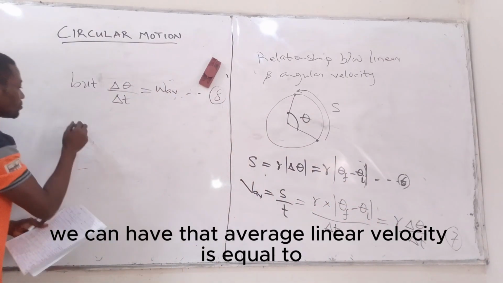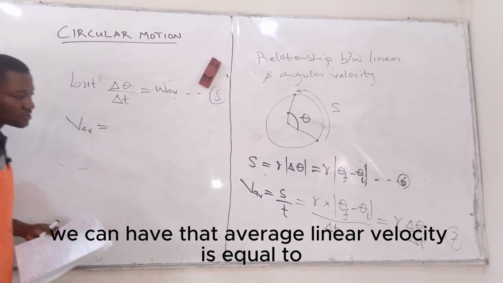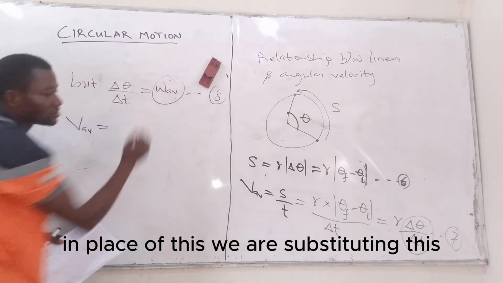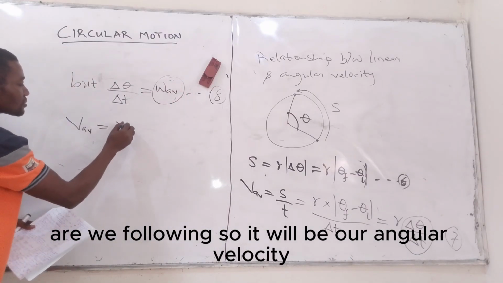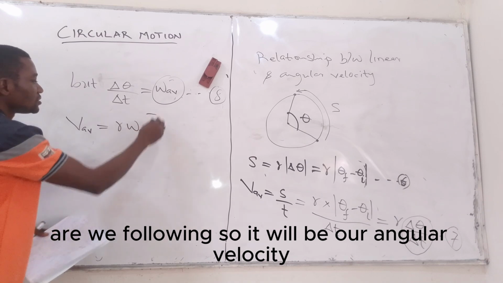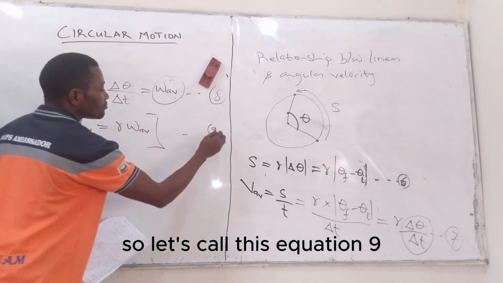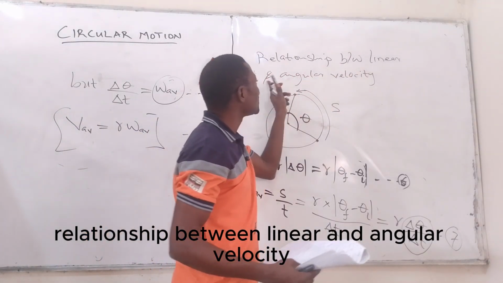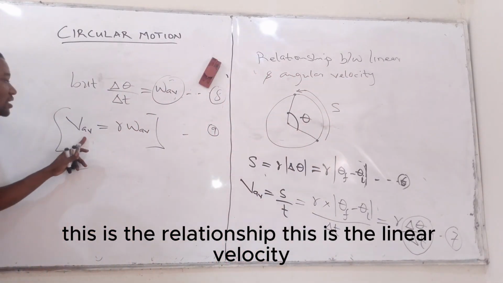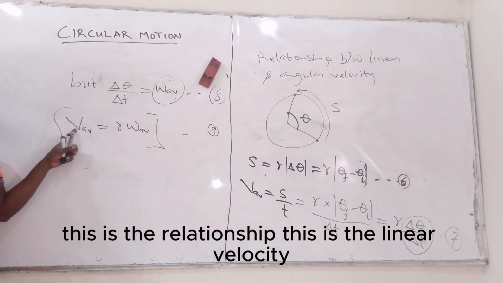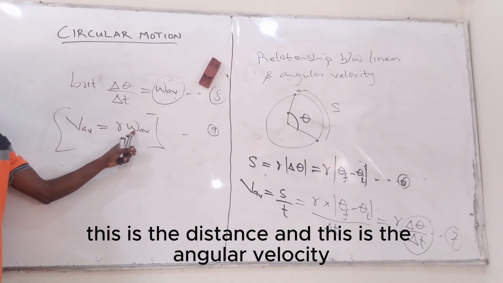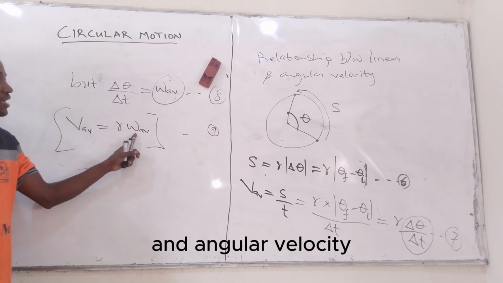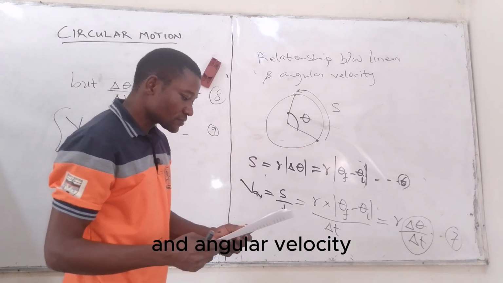From here, average linear velocity is equal to r times angular velocity. Let's call this equation 9. This is the relationship between linear and angular velocity: this is the linear velocity, this is the distance, and this is the angular velocity.